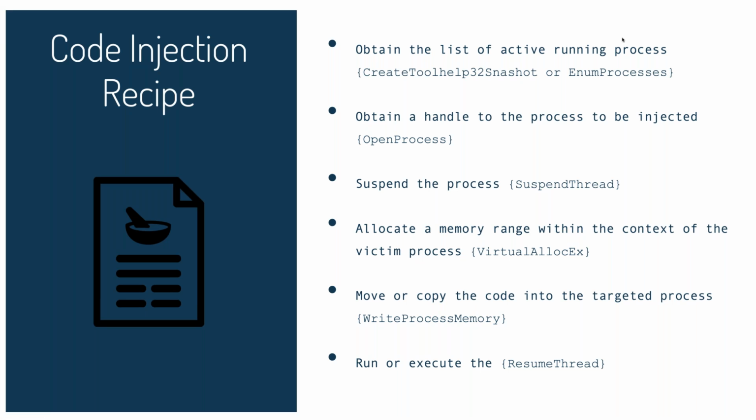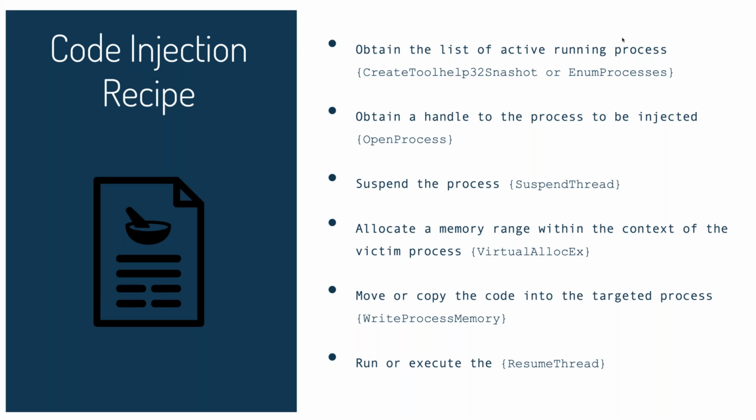So what's the recipe for code injection? This is a very generic recipe. I realize there are different ways to do this, but to frame it for this webinar, the first thing we have to do is obtain a list of the active running processes. If I'm the malware or the malicious binary, I'm going to see what's running on the system. Then I'm going to obtain a handle to the process that I want to inject, and in this case we'll just pick on explorer.exe.